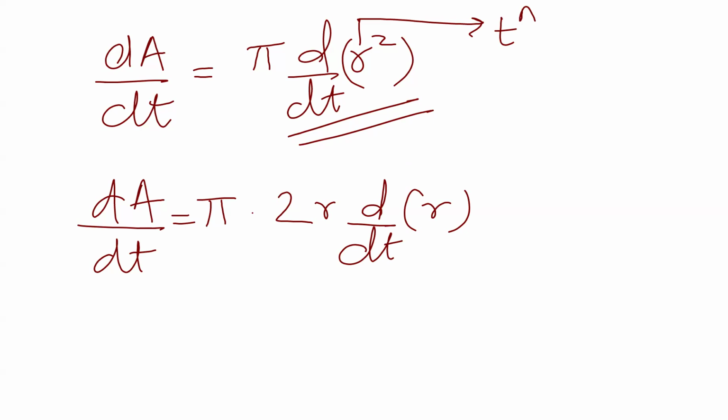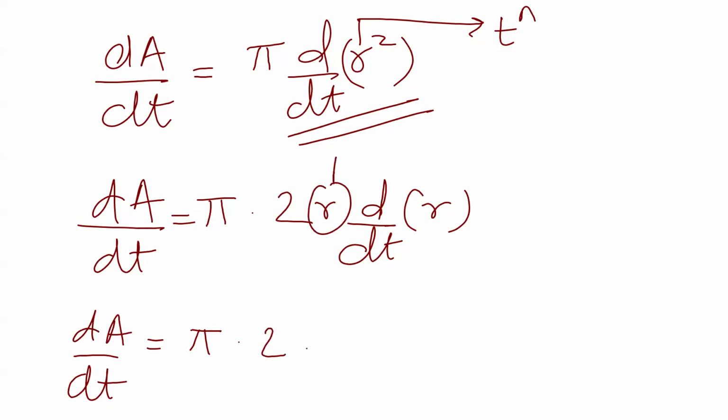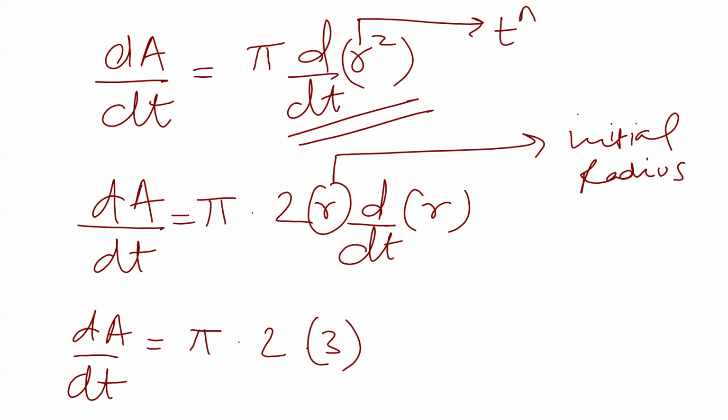Okay. Now see, we have all the values on the right hand side. Pi will remain pi, 2 will remain 2. Radius, this is the initial radius. So the initial radius is 3. The initial radius is 3. It's given in the problem. Initial radius is 3. And dr by dt. Do we have this value dr by dt? Yes, we have calculated on the previous slide.